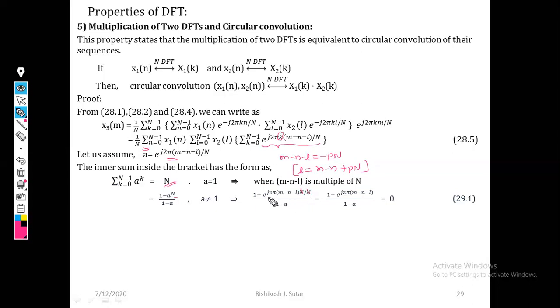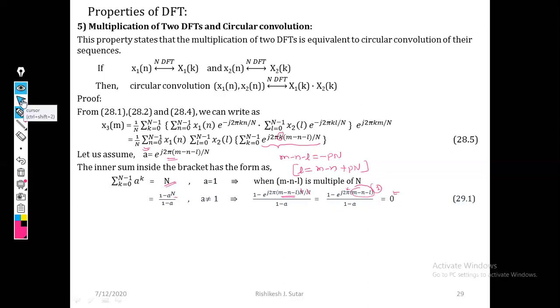So what remains is 1 minus e raised to j 2 pi. And this m minus l minus n is all constants, so it should be a constant times 2 pi. So ultimately this e raised to term will become 1, and 1 minus 1 would be 0.